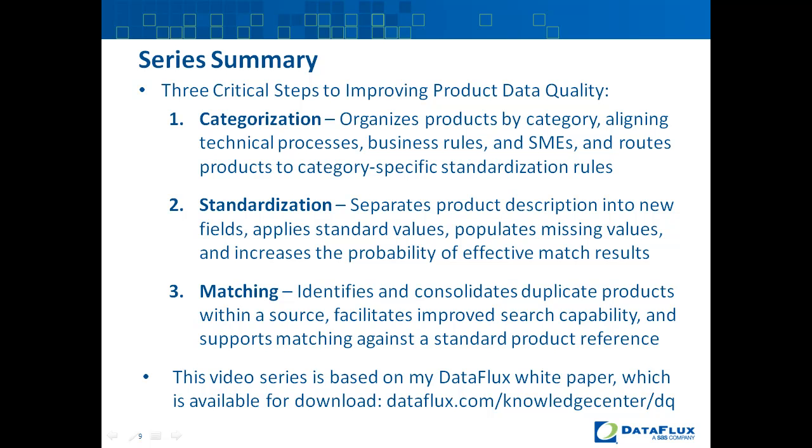The second step is standardization, which we saw separated out the bane of product data quality, which is the free-form product description field, which is where most of the data attributes of product data will be buried. We separate that out with standardization to create new fields, apply standard values, populate missing values, which also allows us, among other things, to increase the probability of having effective match results.